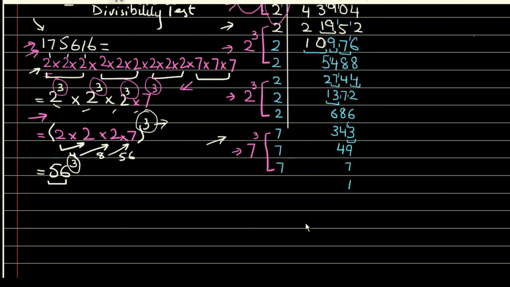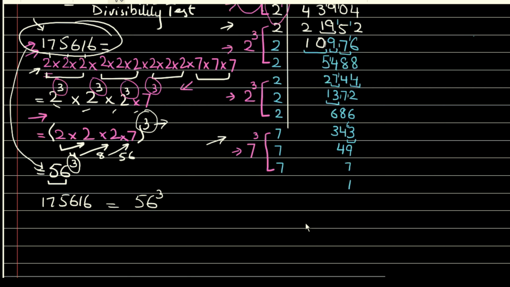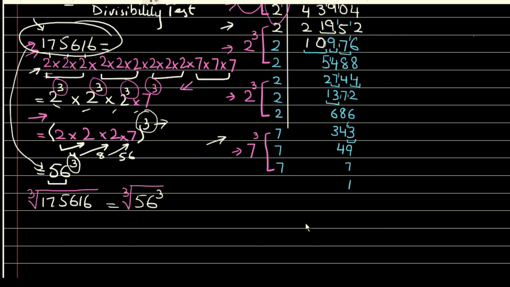So this whole number, 175616, equals 56 cube. Now we will take the cube root on both sides. Once we get the cube root, we can do the cancellation. We cancel this 3 with its cube root and we get the answer 56.